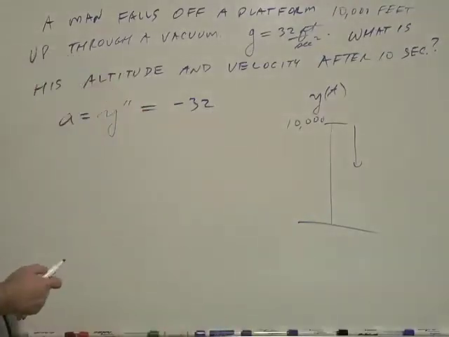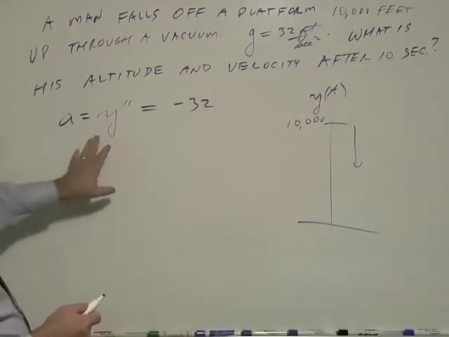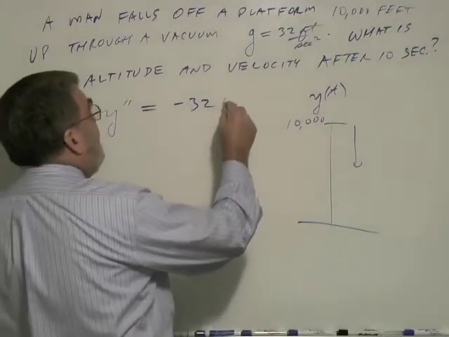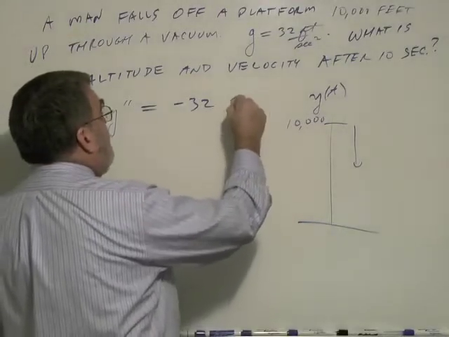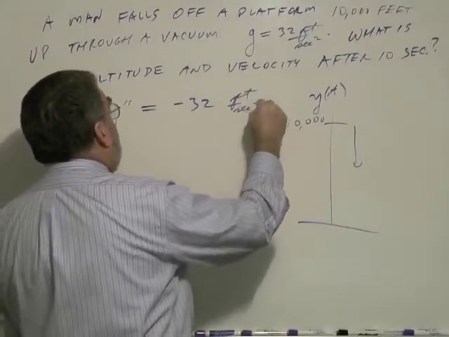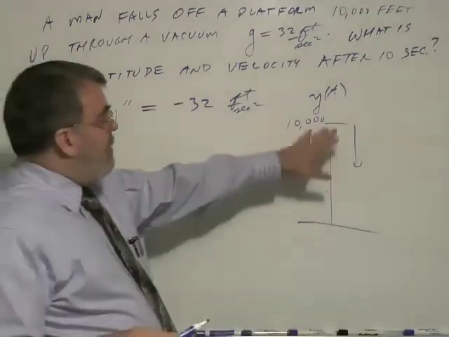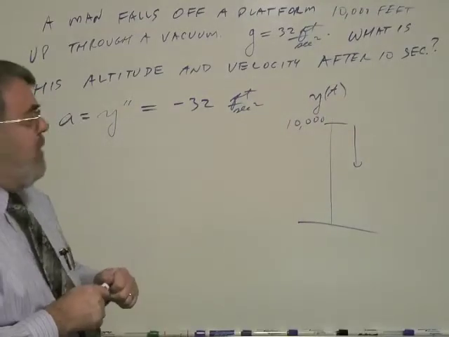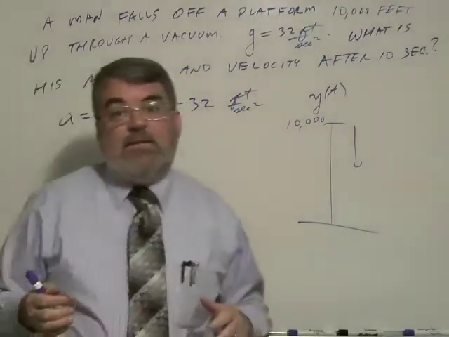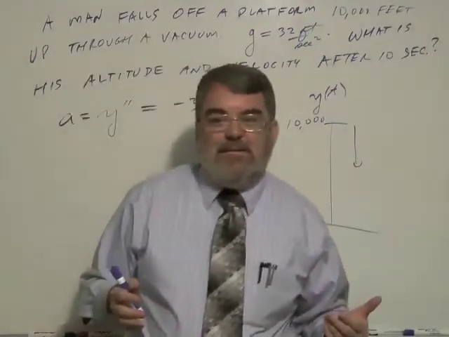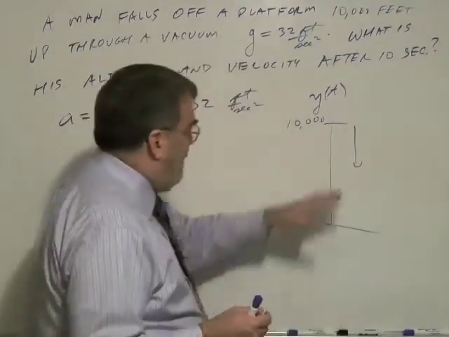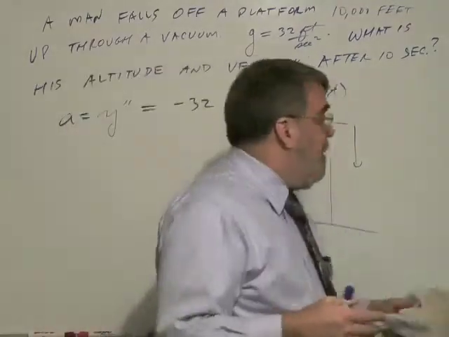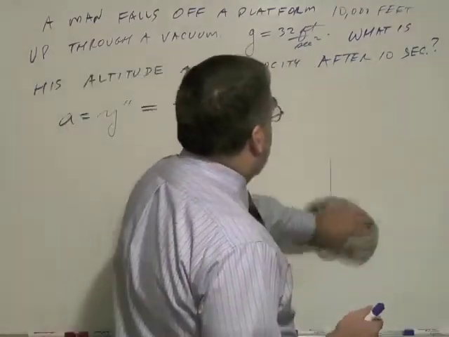So in this case, my acceleration, y double prime, is minus 32 feet per second squared. That accounts for direction, up and down, by putting that negative into it. It means that his velocity is going to calculate as a negative, and until he hits the ground, however, his position will still calculate as a positive. Let's see what happens.